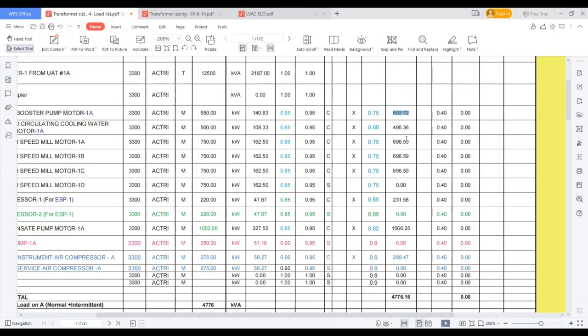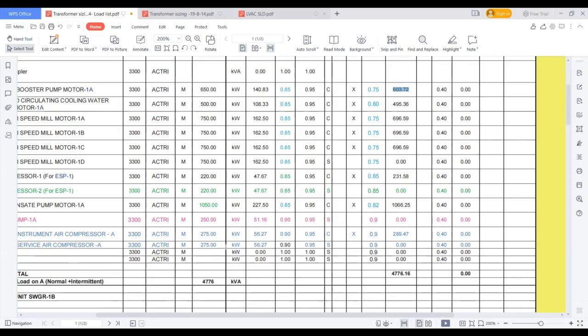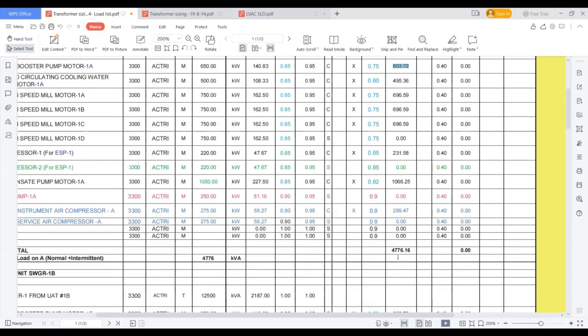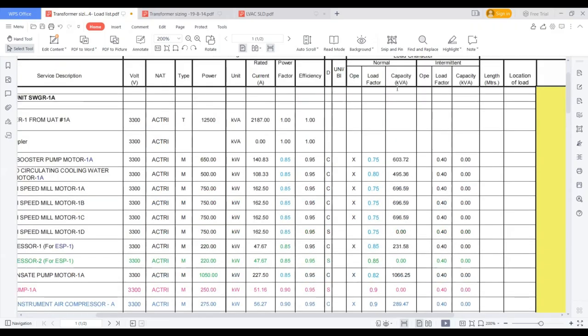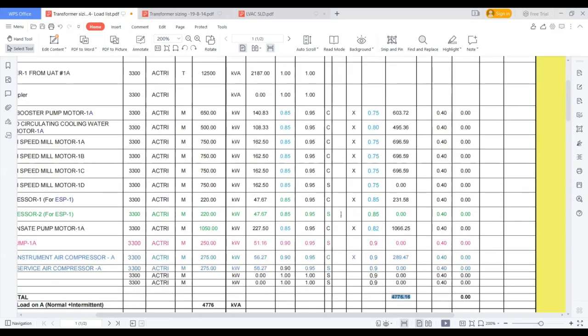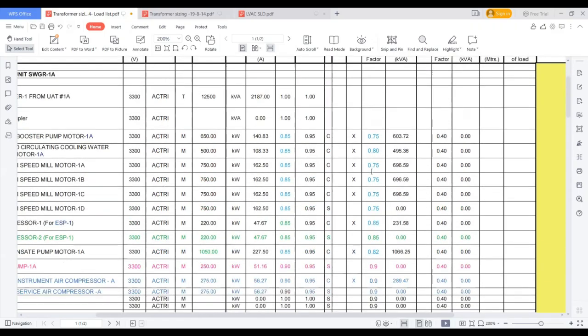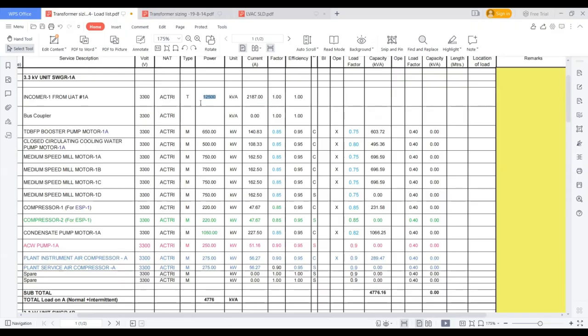So I calculated all these things. Now it seems that the load I require is only 4776. This is my load, but my connected load is obviously more than this, which is 12.5 kilowatt. They are already given here. If you add all this, you can find this.